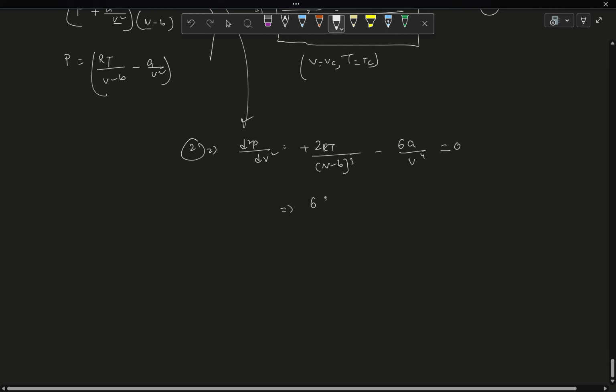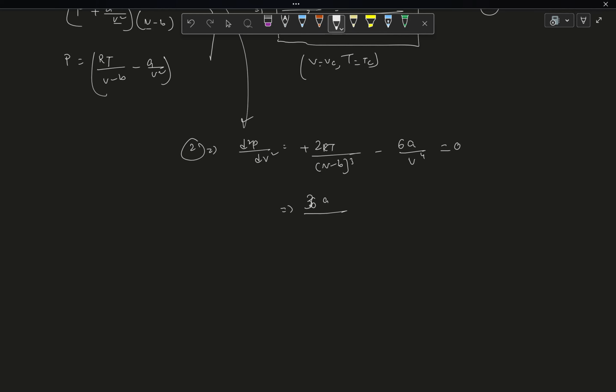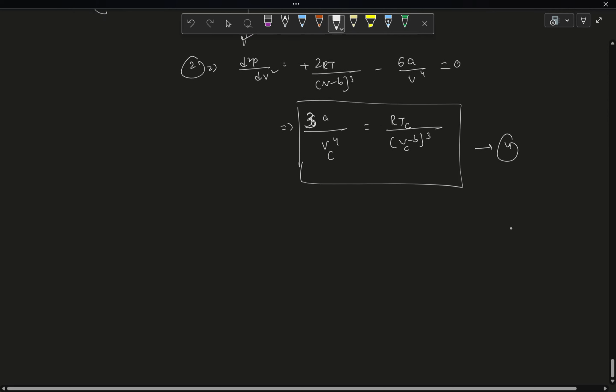So this is simply 6a by V, we'll cancel this 2 and 6 as 3a by V to the power 4 equal to RT by V minus b whole cube. Now you know that here V equal to Vc, so replace it by Vc and T by Tc, right? So this is your equation number 4 in this case.